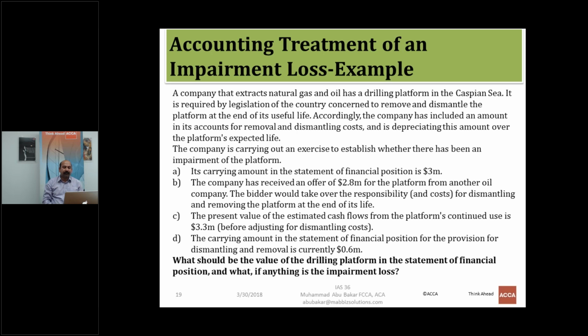Write three options. The statement will be: impairment loss is equal to. Option 1, as was said, 0.3. Option 2, 0. Option 3, 0.2 million. All figures are in million.